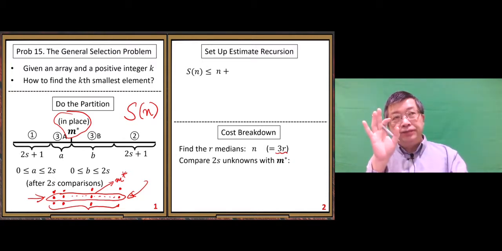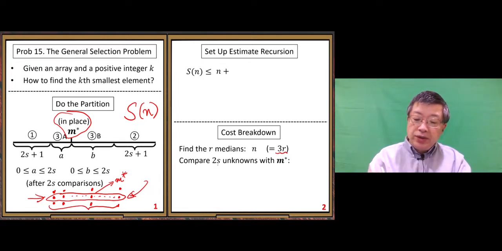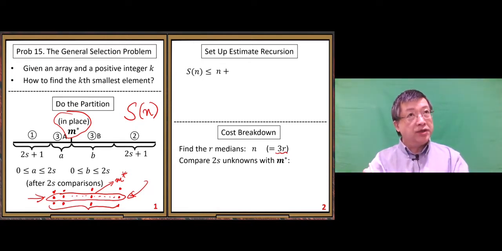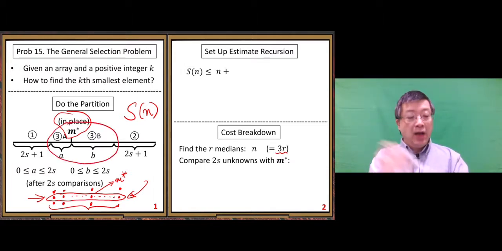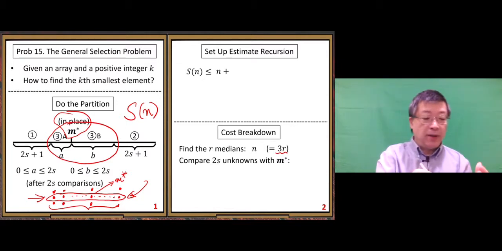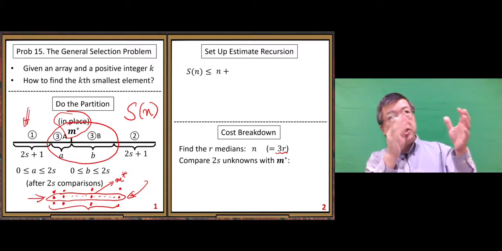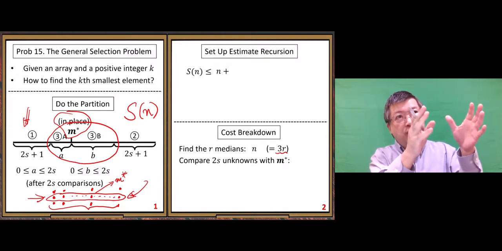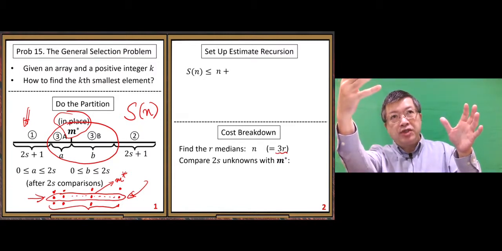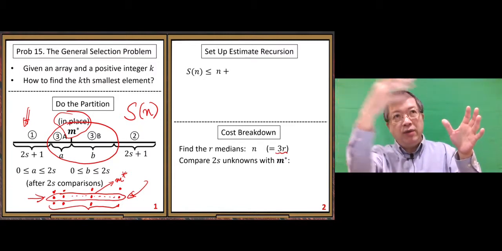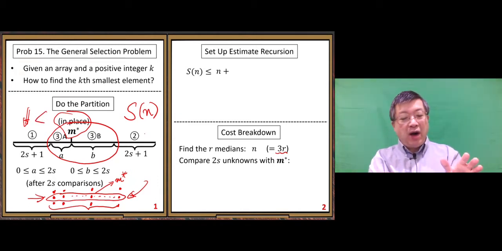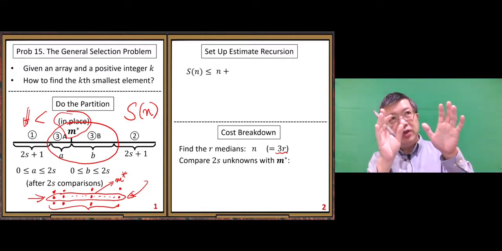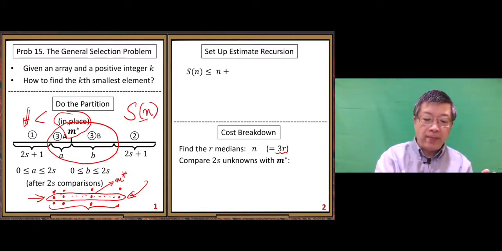Then, after that, we need to do 2s comparisons. Why 2s? Because this part is unknown. Look at part 1: for all the elements in part 1, we know the relationship of each element with m star, the median of the medians, less than. For part 2, we also know the relationship, each element in part 2 is greater than.